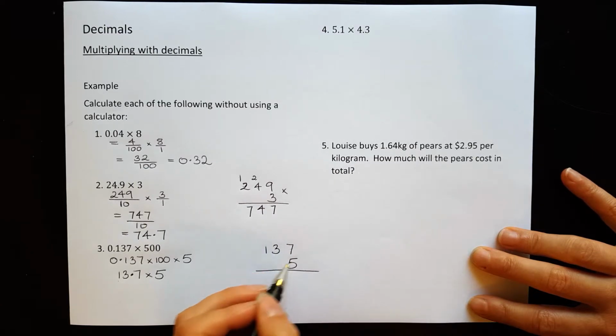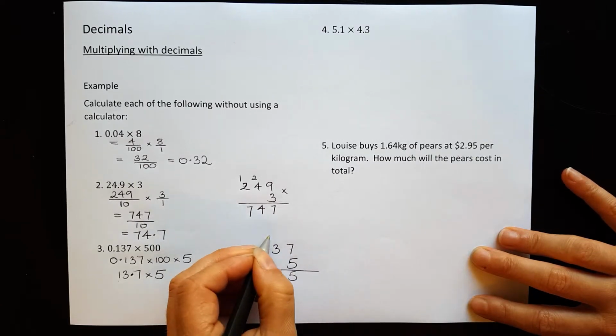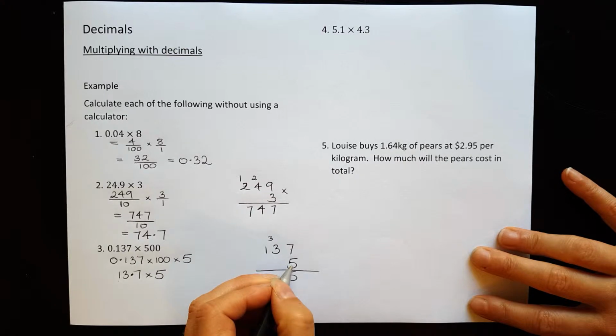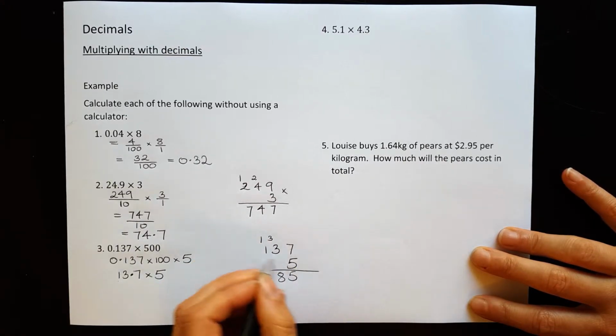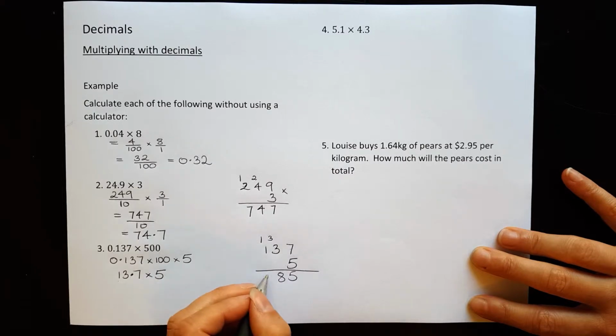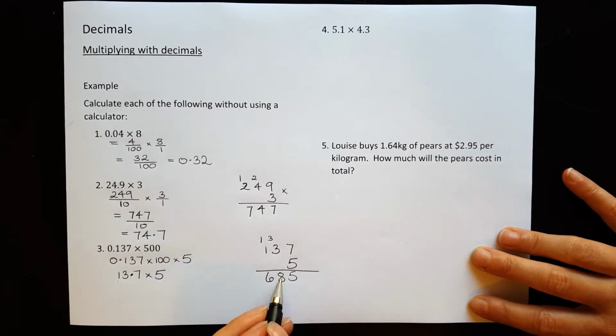So 7 times 5 is 35. 5 times 3 is 15. Add on 3 more is 18. 5 times 1 is 5, plus 1 is 6. And I get 685. But that's without the decimal place.